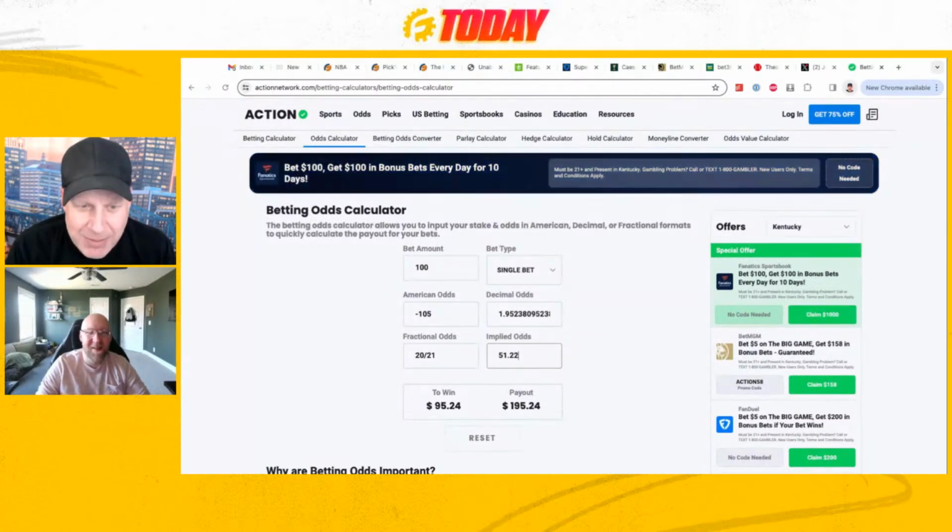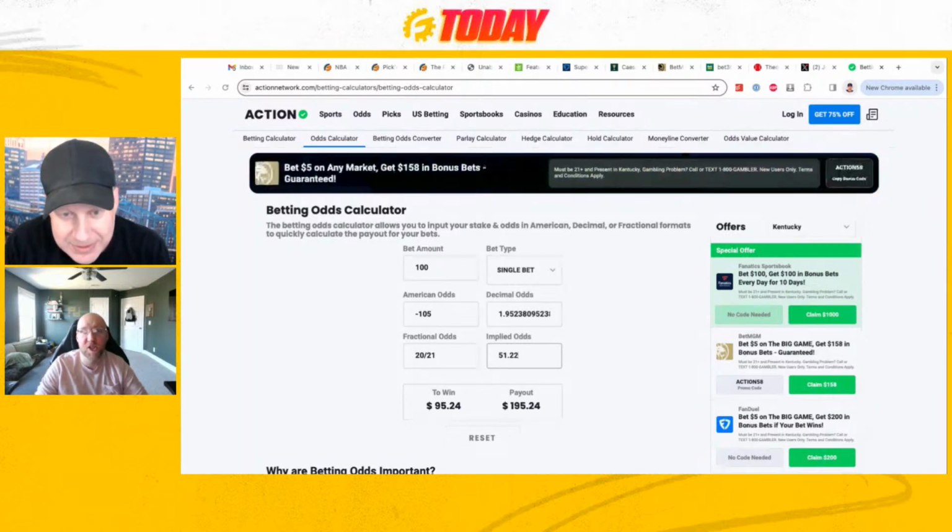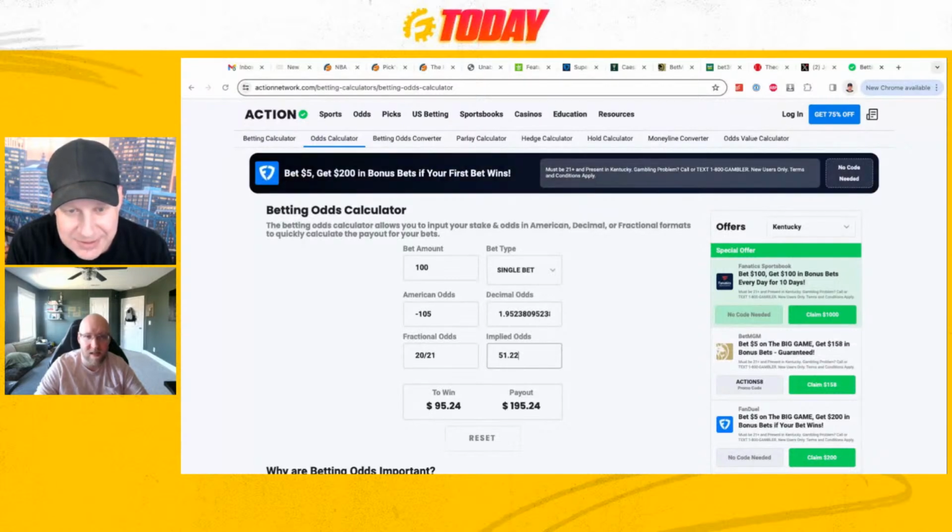The anytime touchdown markets are high hold, and the likelihood of you being able to out-project the hold, it could be available. It could be, but it's less likely to be. Yeah. Speaking in general terms, I think that you are less likely and have less edge. It's a worse bet to try to bet anytime touchdown odds on most of the players than it is to bet the coin flip.